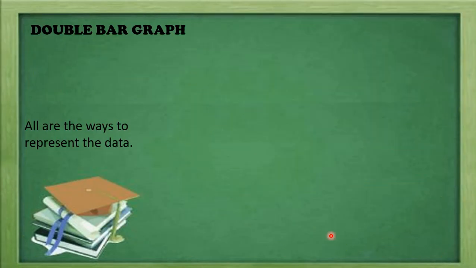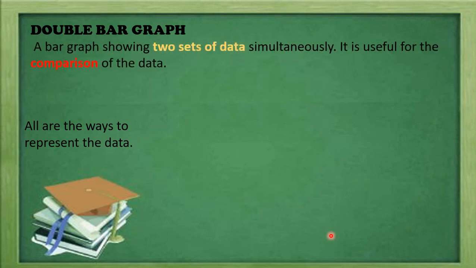Similarly, the double bar graph. As we have seen, bar graph and pictograph are all ways to represent the data. In the same way, there is one more type of graph, that is the double bar graph, which is used to represent two sets of data simultaneously, and it is useful to compare the two quantities. That means if you want to compare the marks of two students, we can use the double bar graph.